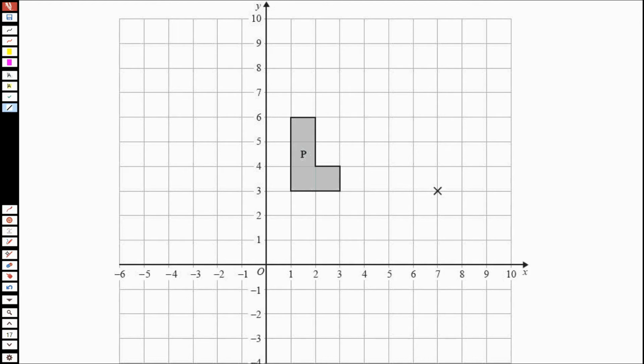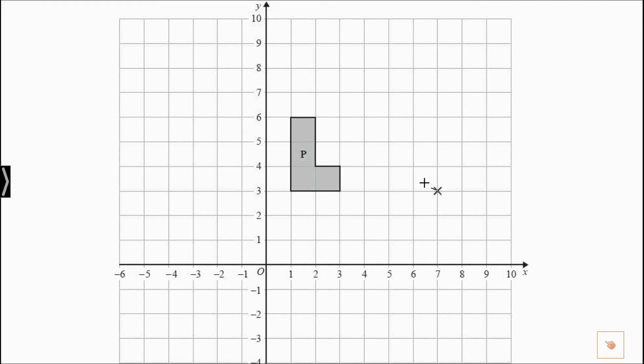You get your ruler, and basically what you want is to draw lines from the center of enlargement passing through each of these corners. And then here also, I already have a line, but I'm just gonna add this. All right, so you have those two lines.